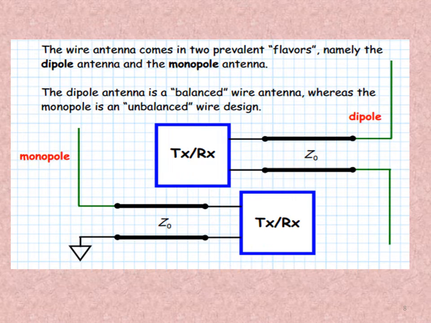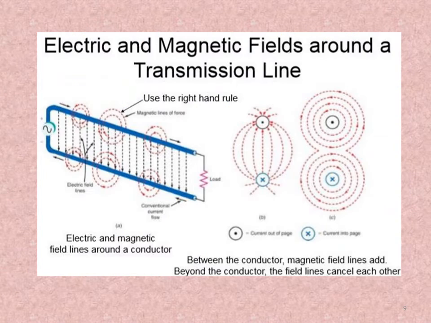For the dipole antenna, from the transmitter or receiver, there are two poles, right, and they are connected. We have two poles, like positive and negative, whereas in monopole we have only one and the other one is grounded. So in monopole, one end is grounded and another one is used for transmitting or receiving, right?